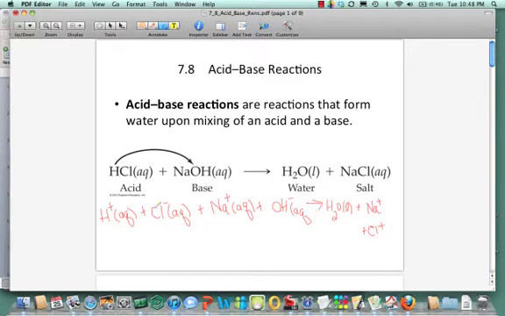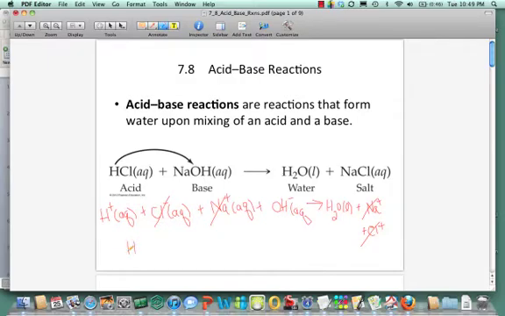Now, things that occur on both sides of the reaction equation can be canceled. So chloride ion occurs there, chloride ion occurs there. It's aqueous, it can be canceled. Sodium ion occurs there, sodium ion occurs there, it can be canceled. So what are we left with?